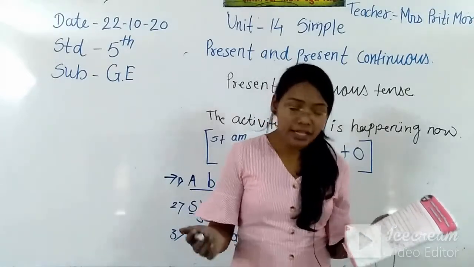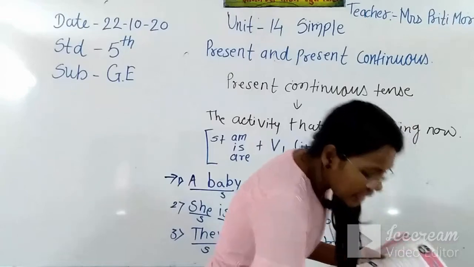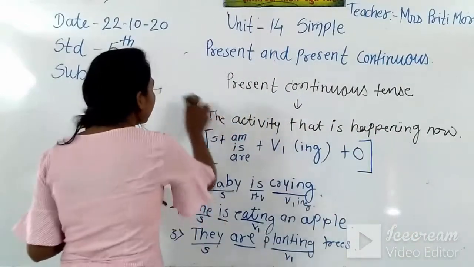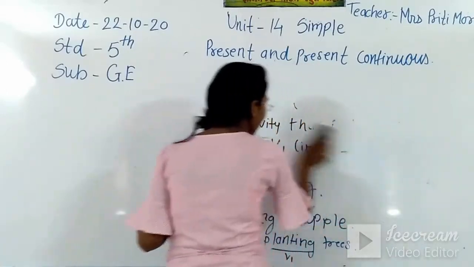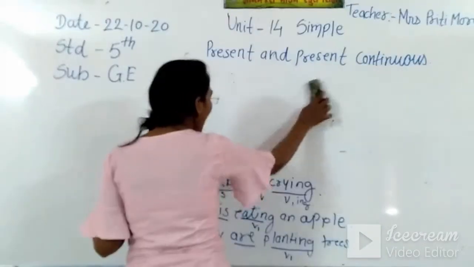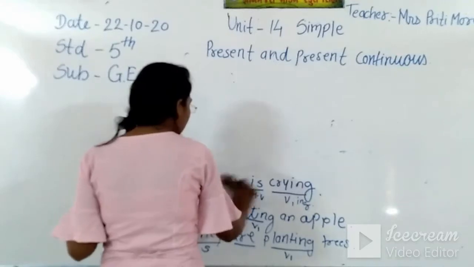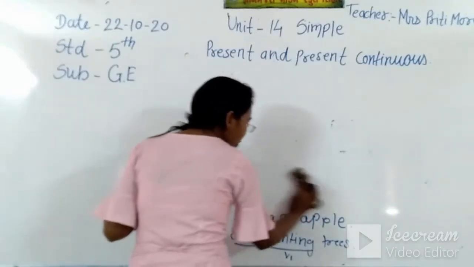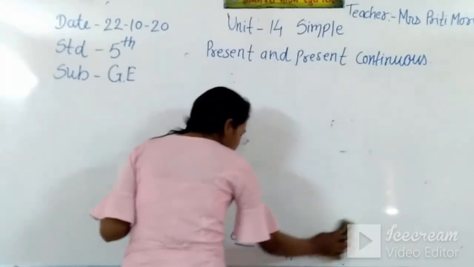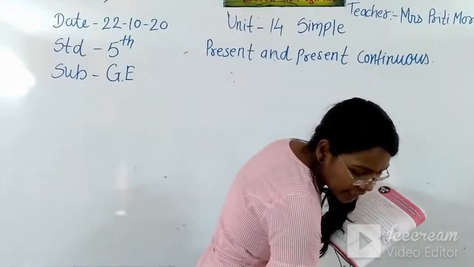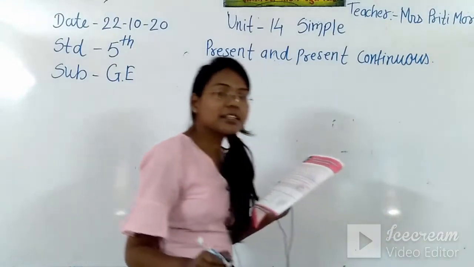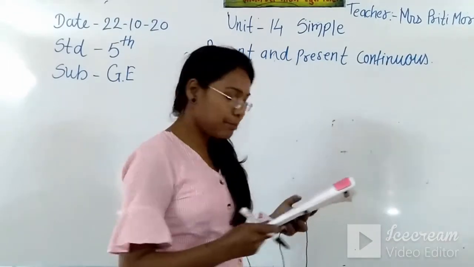I will write all the sentences on the board and we will solve it. For simple present tense we write SP, and for present continuous tense we write PC.